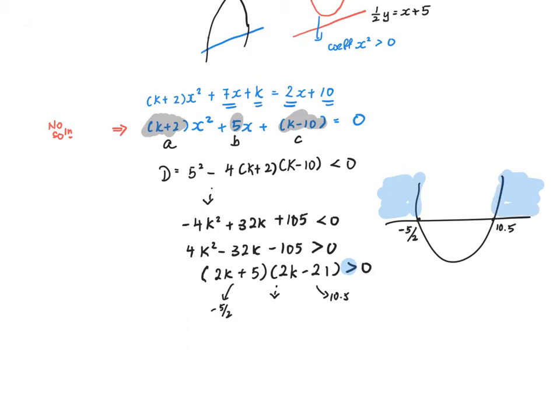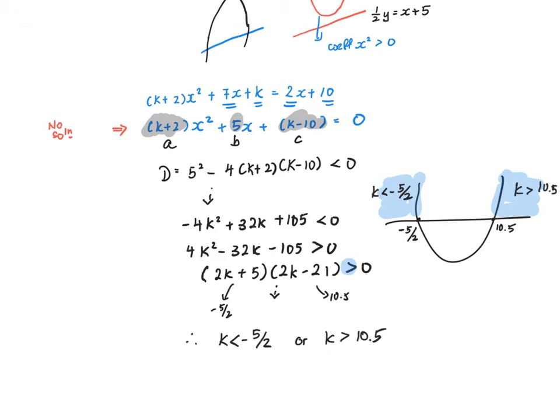So k must be less than minus 5 over 2, or k must be more than 10.5.